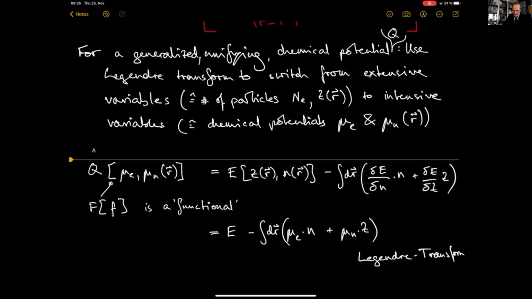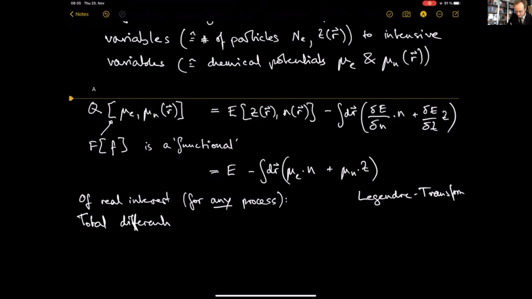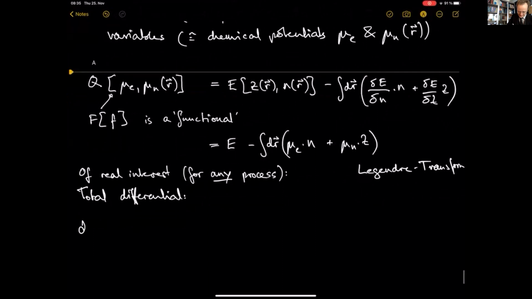Now, this is all good, but what really is of interest to us are the changes in the chemical potential. So changes in number of particles, changes in chemical potentials, right? What would that be? What we really care about, as always, is the total differential. So for any process, whenever something happens, that means we have to write dQ.